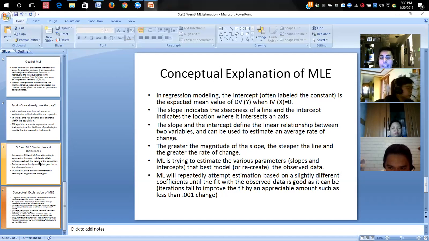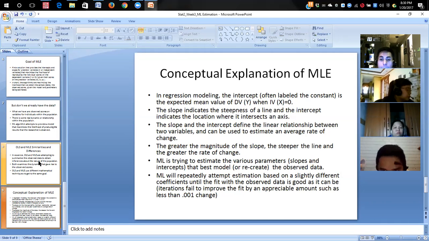So right here, when the observed data is as good as it can be, what it means is that the iterations fail to improve the fit by an appreciable amount, such as less than 0.001 change. And I'll show this again to you on SPSS.